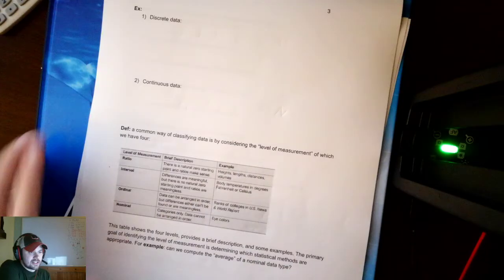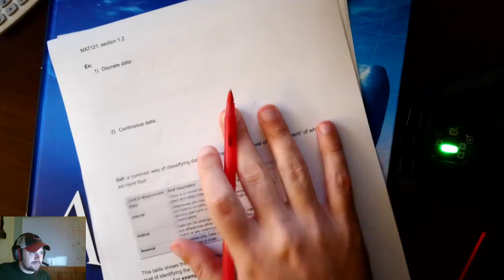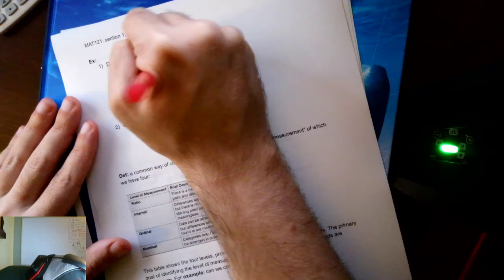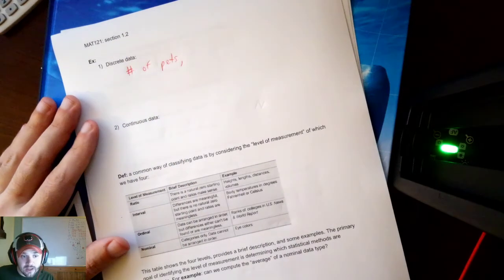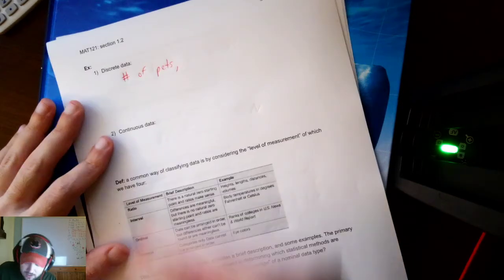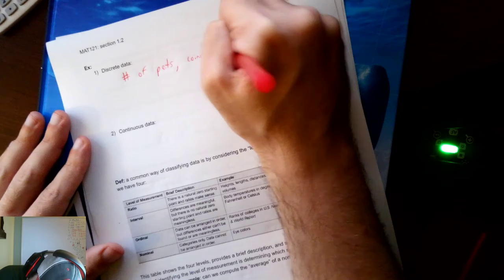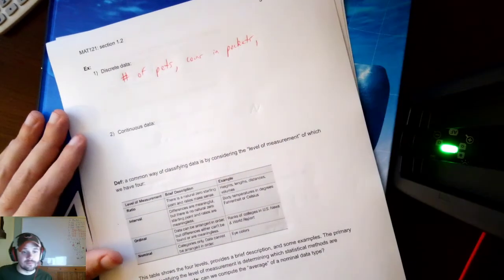Discrete versus continuous. What's an example of discrete data? Well, maybe number of pets. Maybe coins in pockets. How many coins are in your pockets?